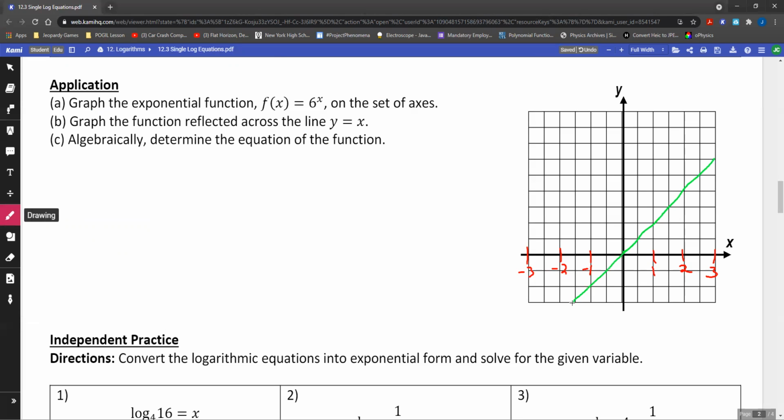All right, so I'm using a calculator real quick just to get the numbers.